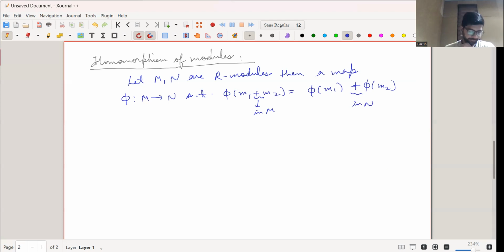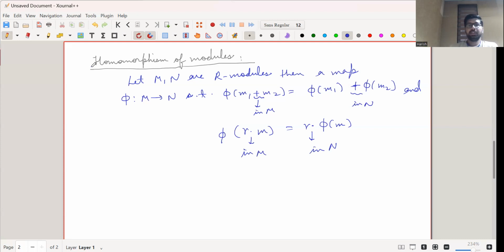And also it should satisfy, it should be compatible with the scalar multiplication. So here this dot is in M, and this is in N again. Okay, because both of them have R module structure, so it makes sense what is r dot phi of m and what is r dot m, right?